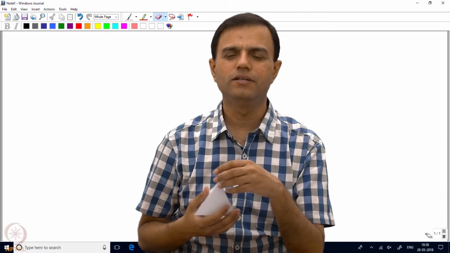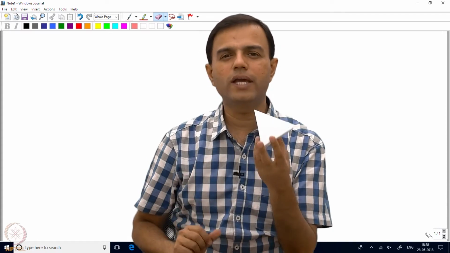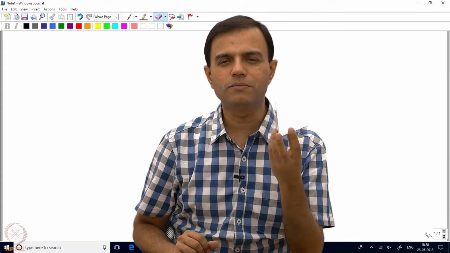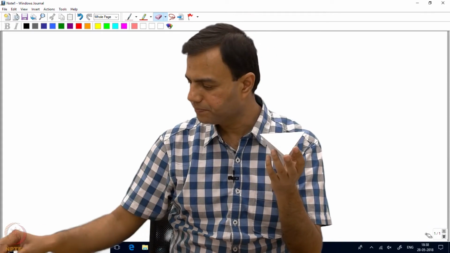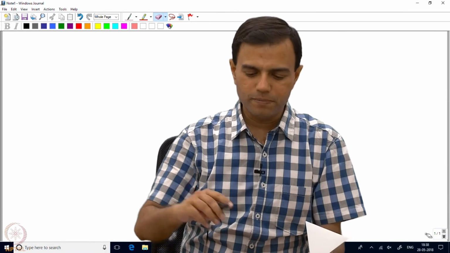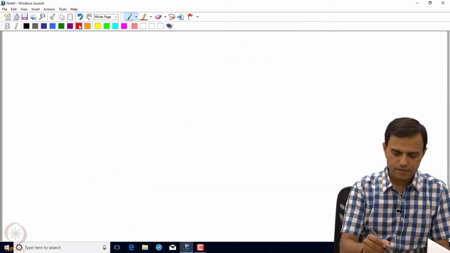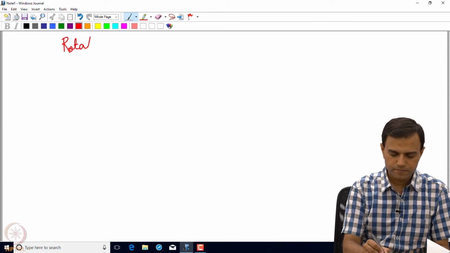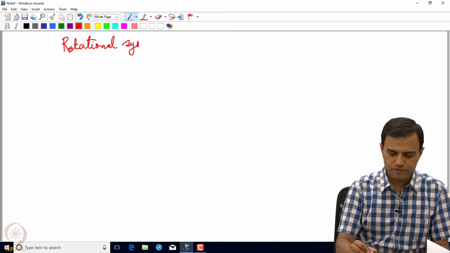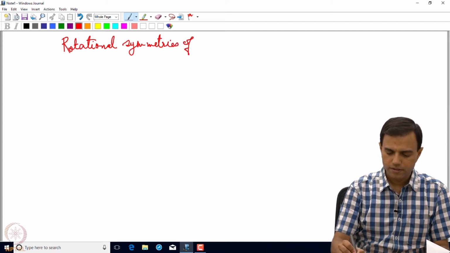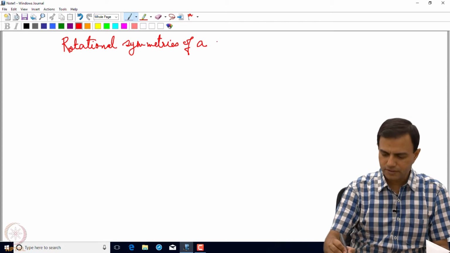What does it mean? First let us see how I can write this group of symmetries of this object. That's the purpose today. Rotational symmetries of, say, tetrahedron.